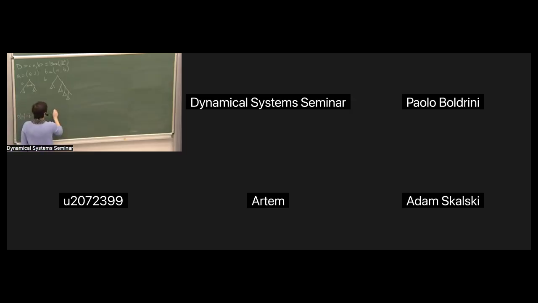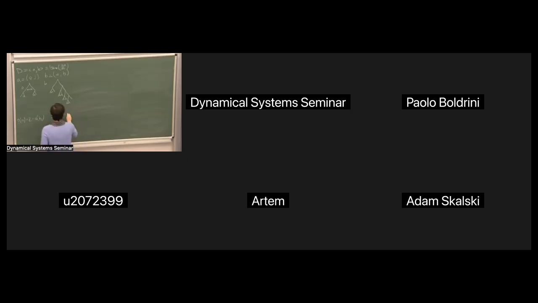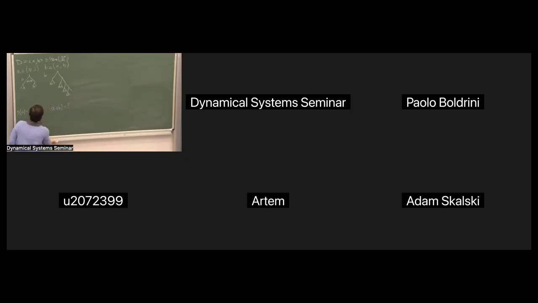We have to look at the order of AB, the product of the 2 elements. So we want to say that AB has infinite order. What is AB? AB is first doing this and then doing the swap. So I'm going to square AB.